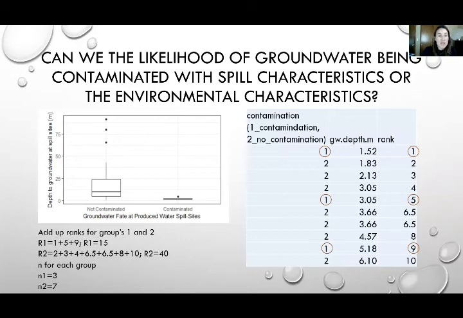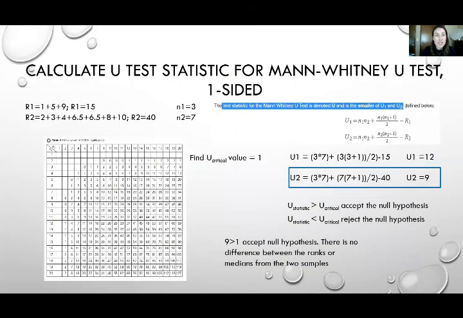The next thing you need to know is how many observations there are in each group. And so for my group number 1 with contamination, we had 3 observations. And then for my group 2 with no contamination, we had 7 observations. So carrying that data forward, you can see on the upper left-hand corner, we have our rankings and we have the different N values in each of our groups.